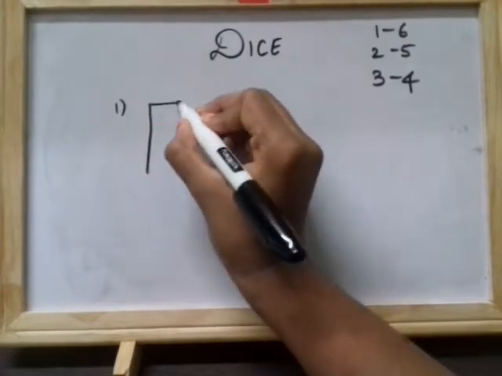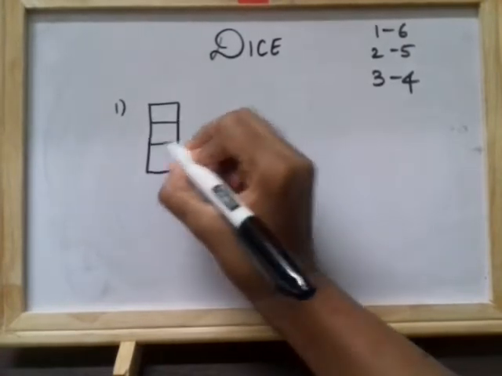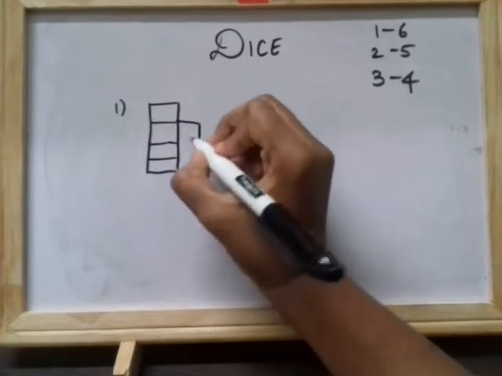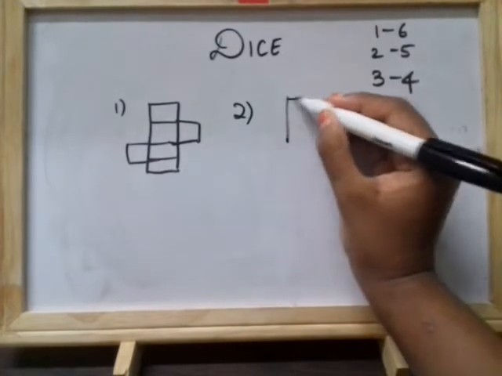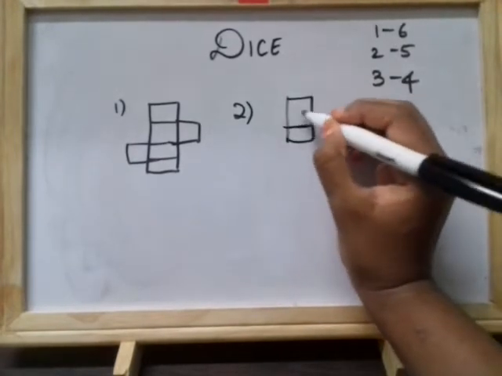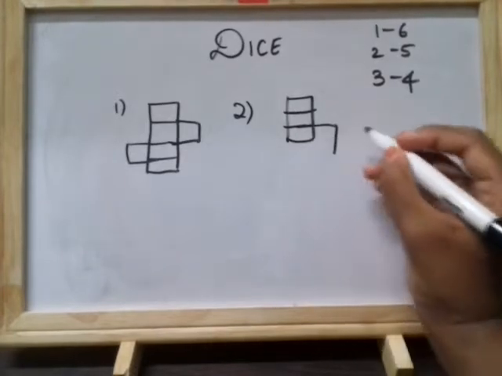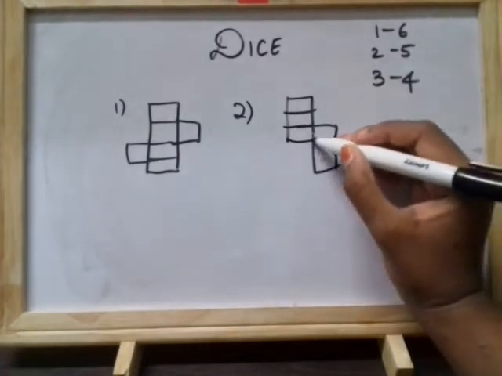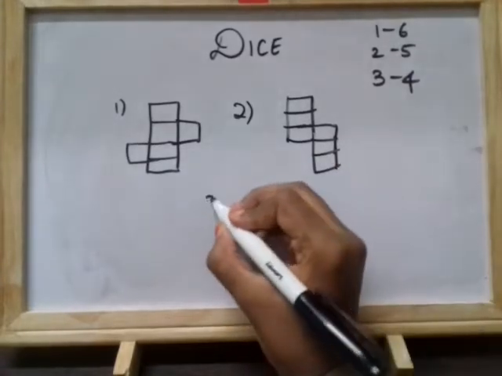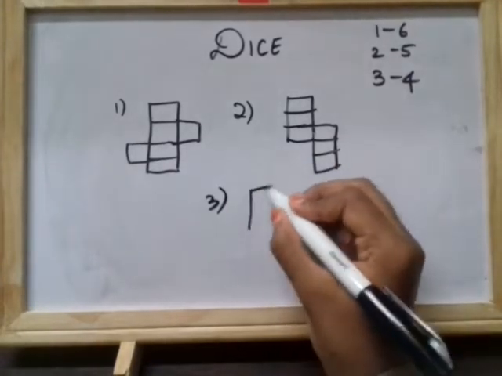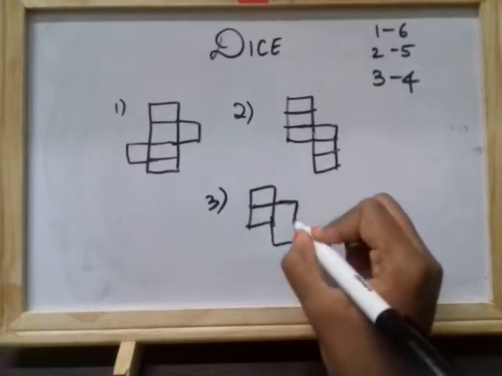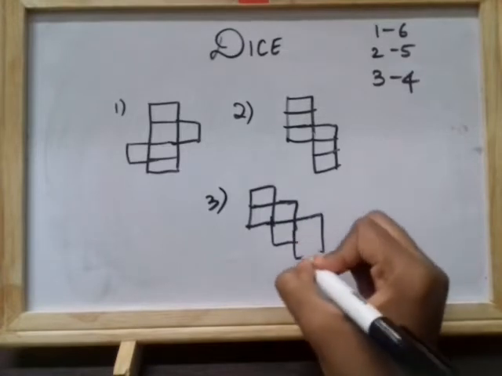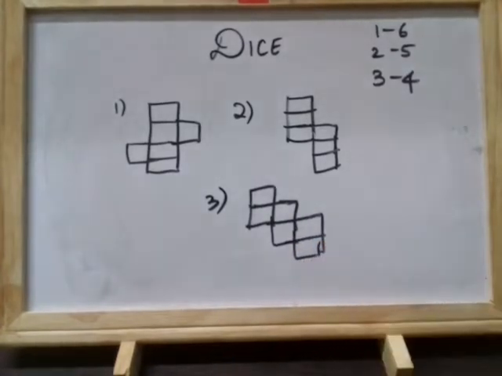First, second, third. So these are the 3 types of designations of a dice.